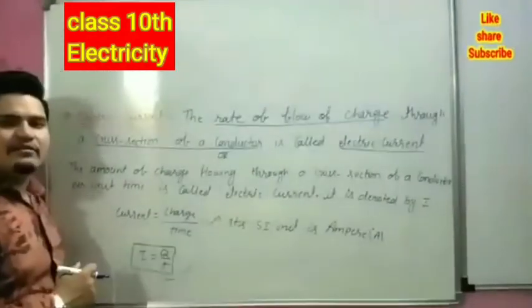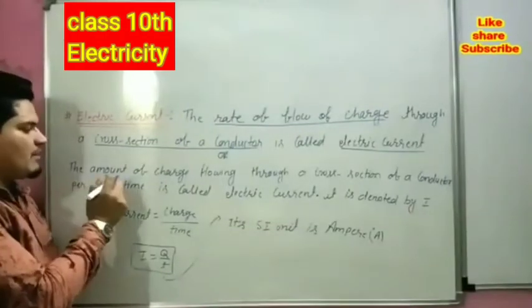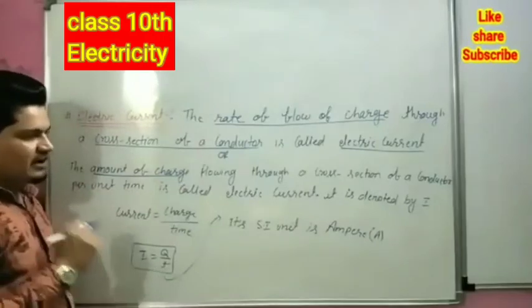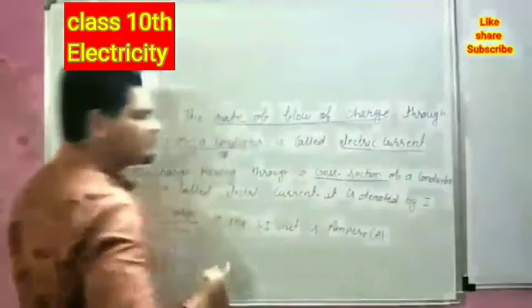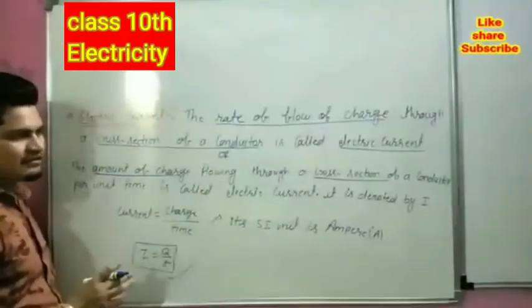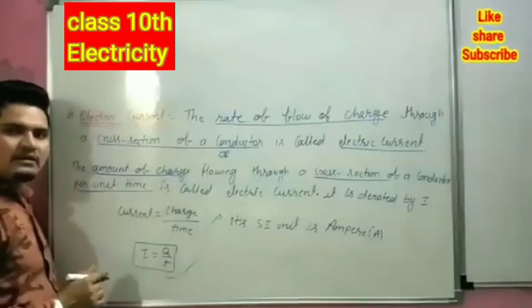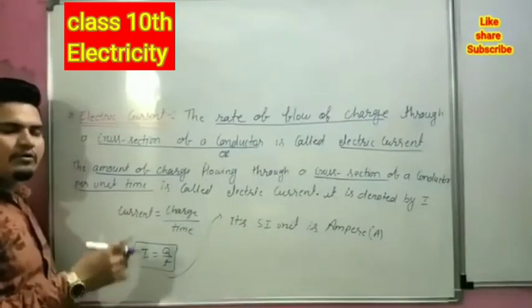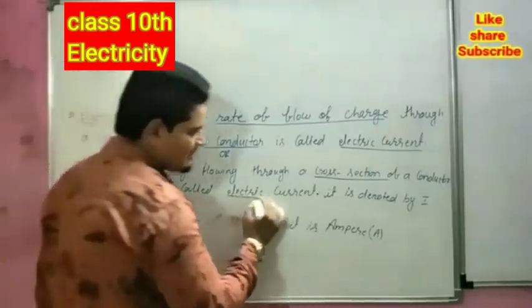To understand, we are taking one more definition of electric current. The amount of charge flowing through a cross section of a conductor per unit time is called electric current.